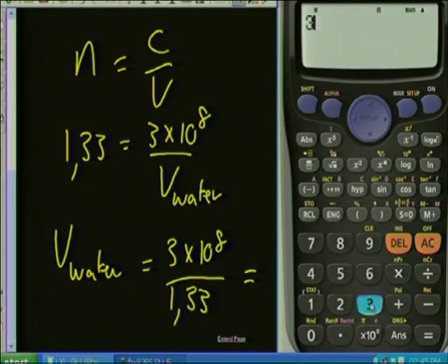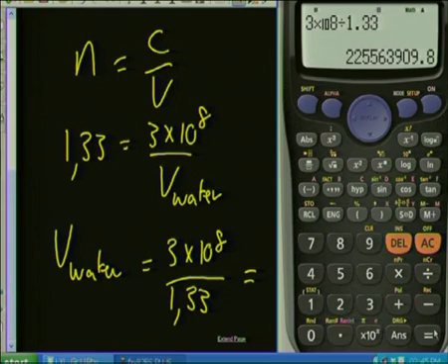is going to be a little different. 3 times 10 to the 8 divided by 1,33 equals 2,26 times 10 to the 8 meters per second. So if you count up the zeros, you'll be able to see that that gives you 2,26 times 10 to the 8.